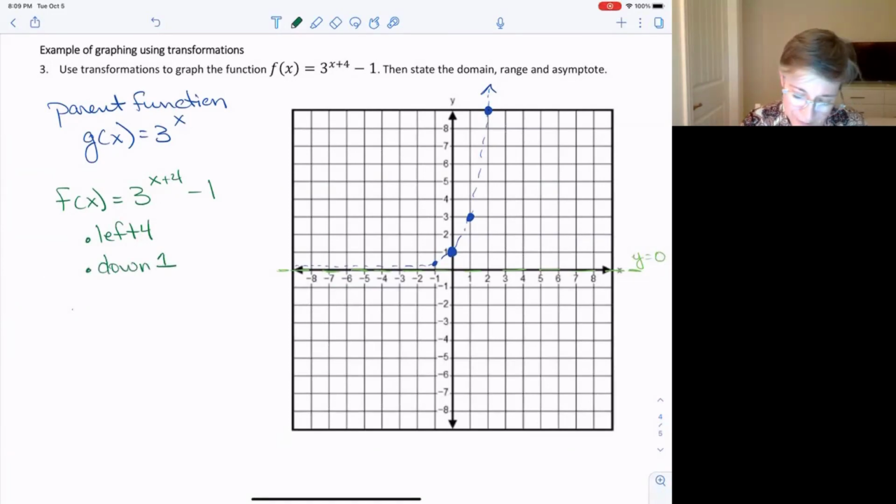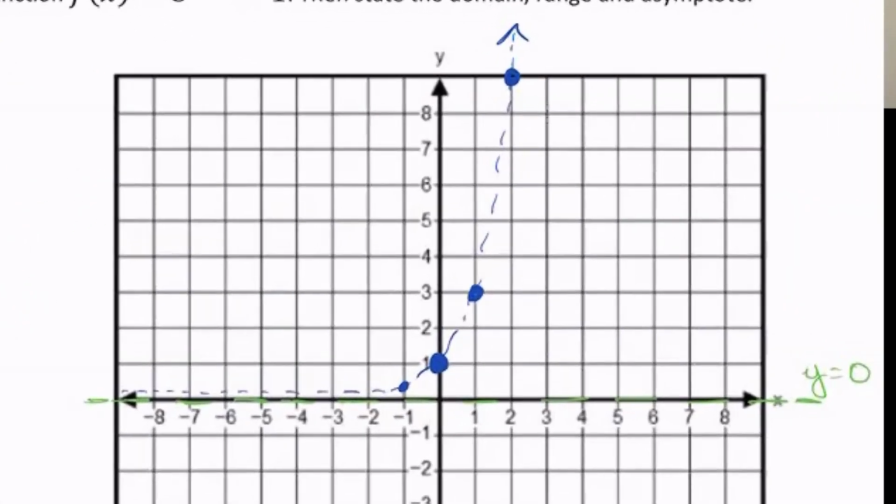So as we're graphing this, I'm going to take the point (-1, 1/3), the first point there on the left. I'm going to move left 4 units, 1, 2, 3, 4, and down 1. So that's going to be roughly here. And then the y-intercept at (0, 1), we move it left 4 units and down 1. The point (1, 3), left 4 units and down 1.